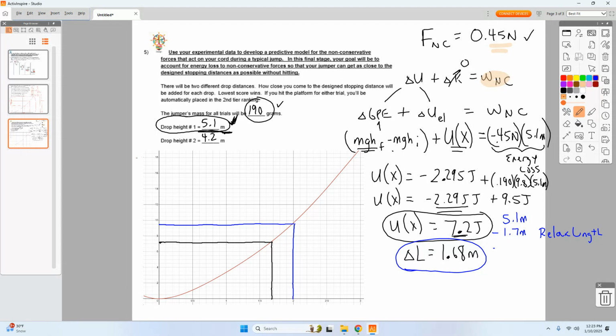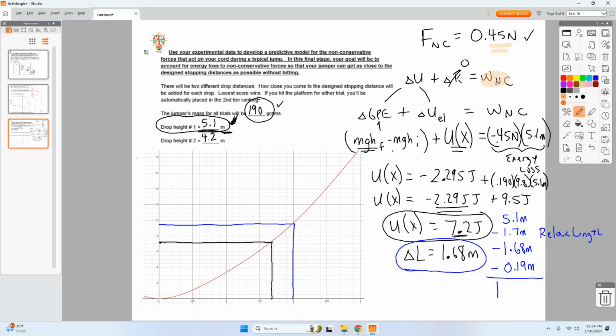We're going to subtract from that the delta L, which is how far that thing's going to stretch, 1.68 meters. And then whatever the hardware is for your jumper, I think for you guys it was 0.19 meters.